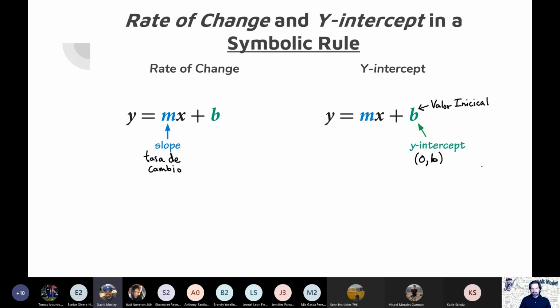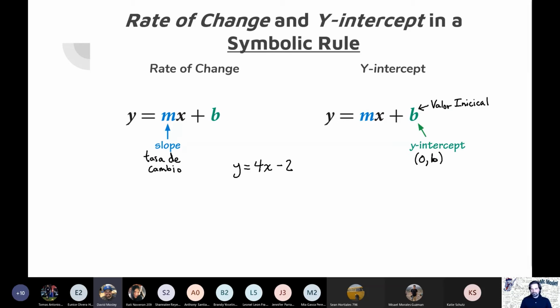Okay. So, por ejemplo, y equals 4x minus 2. Okay.